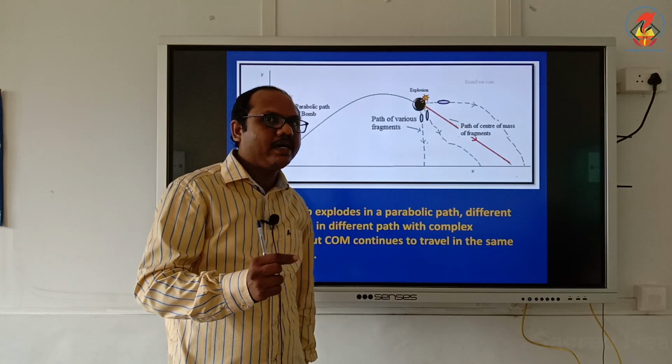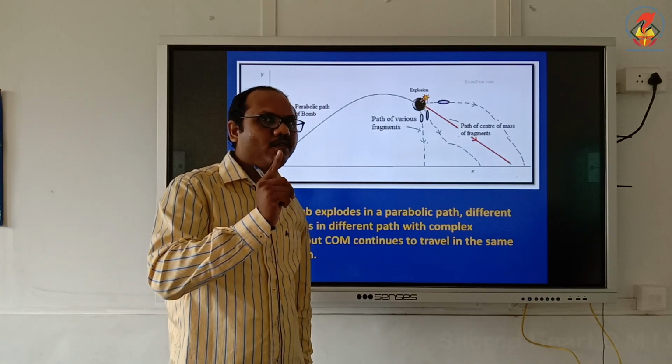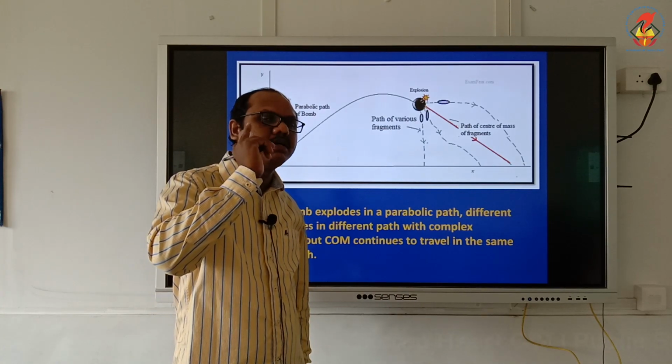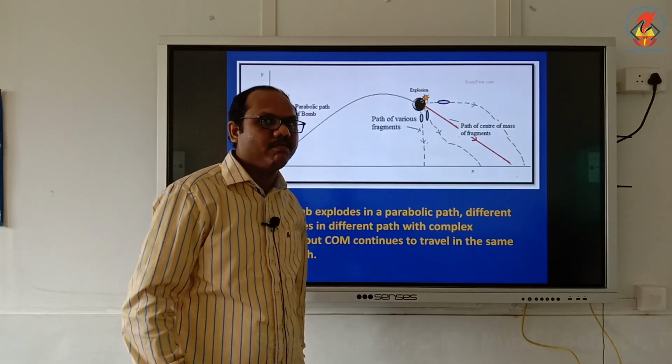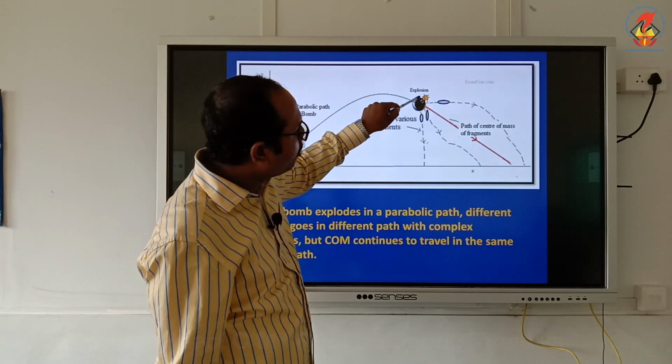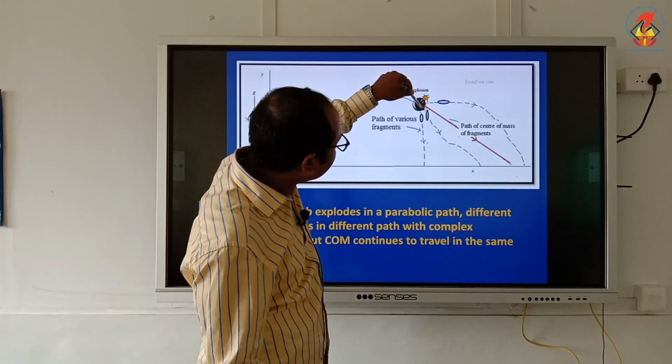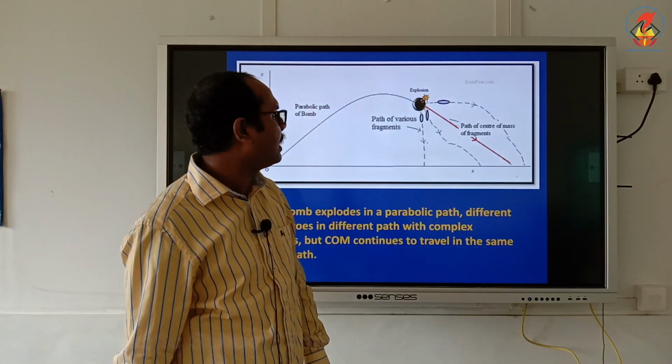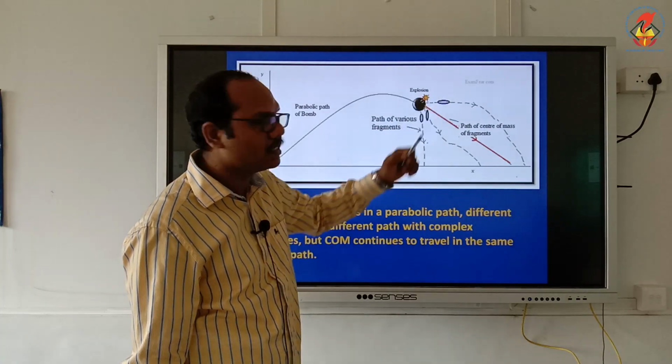And if there is no external force, the center of mass will be moving with the same velocity. So, you just see when the bomb explodes, different particles go off in different directions. I have just shown 3 different particles.